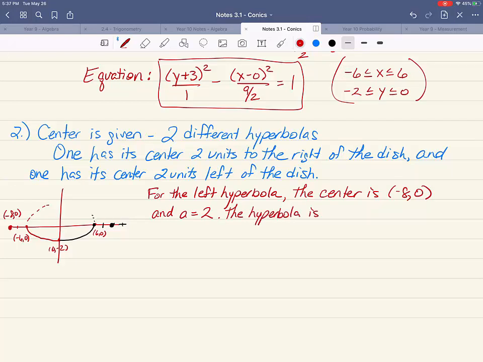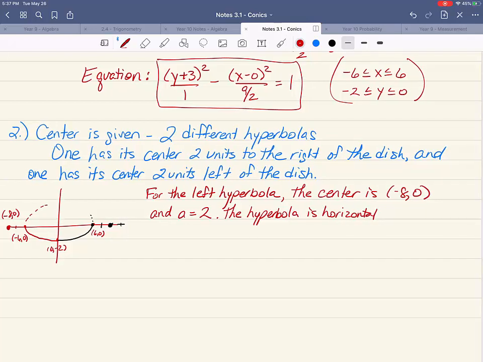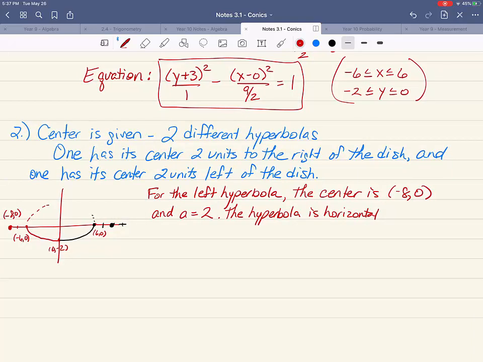That's a good thing to put as well, because it tells you which direction it opens. Since it's horizontal, it's going to start with x. So it's (x + 8) squared over, a squared is always first, 4, minus (y - 0) squared over b squared equals 1, just like the other one.